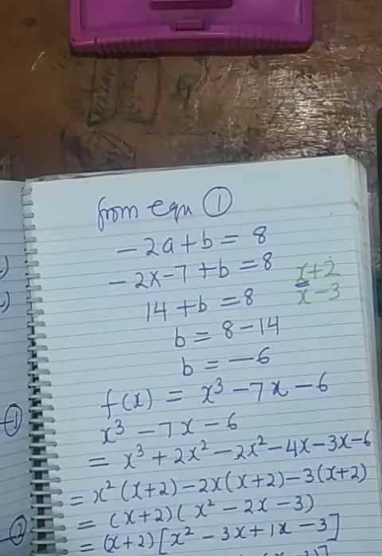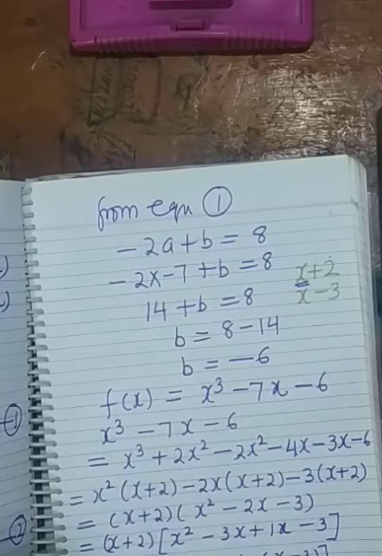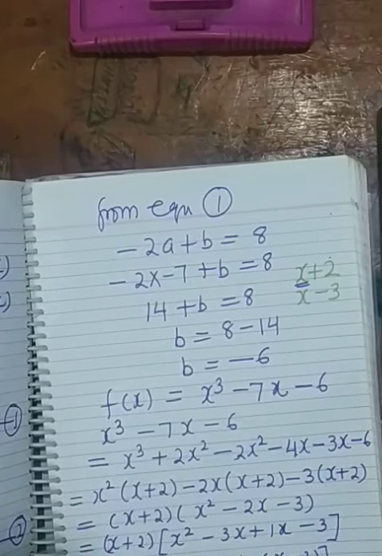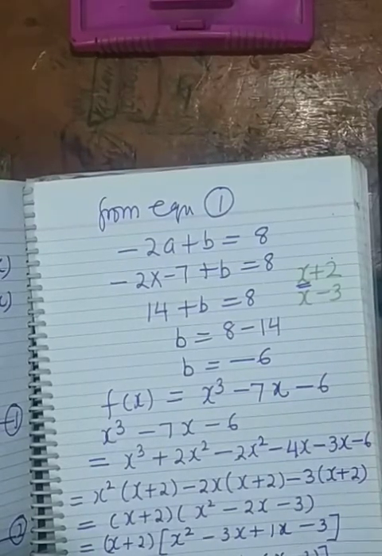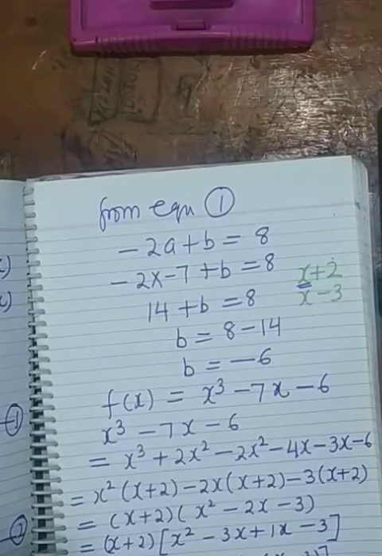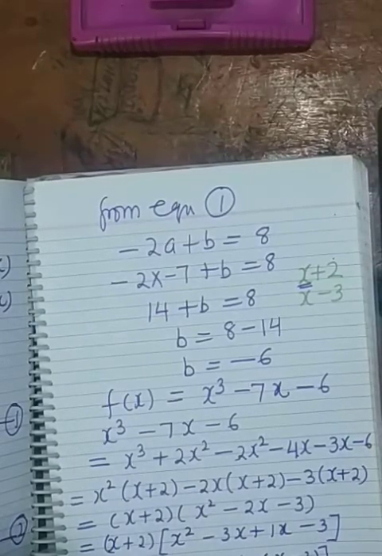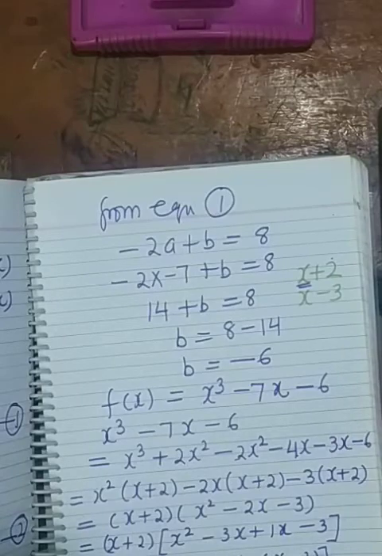When you take out common from the whole, what will you get? X plus 1. It's clear? So what is the factorization? The factors will be x plus 2, x minus 3, x plus 1. This will be the factorization. It's clear? So this way you can factorize.